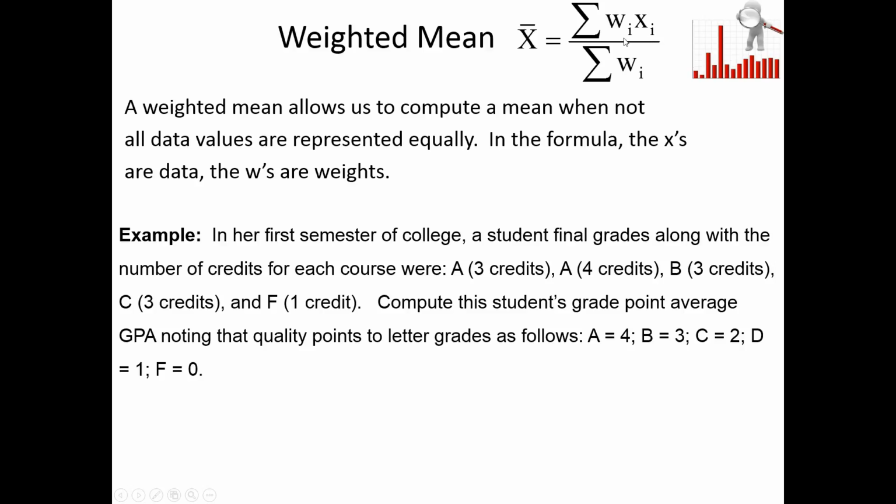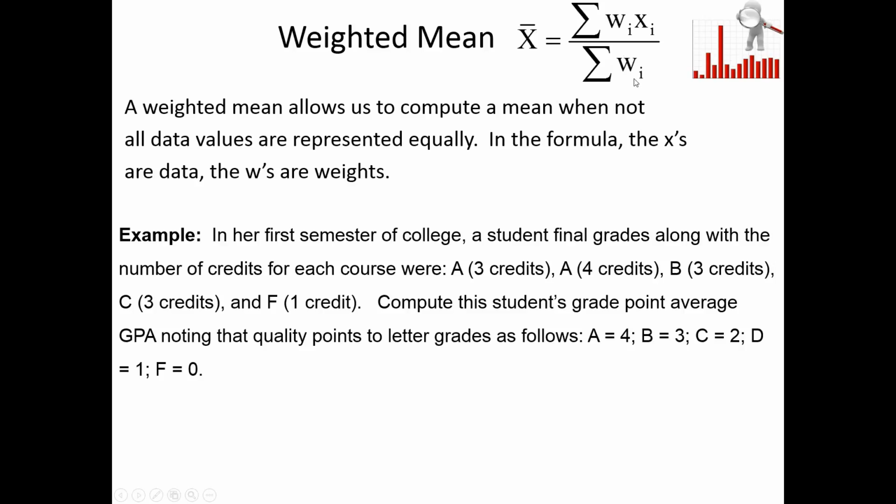So if everything's equally weighted, then w would be 1, and this would just reduce to the regular mean, because you would have 1 times each observation value, and then in the denominator you would divide by the number of observations. So if you have 1 associated for each observation value, then this wi would in effect count the number of observations.